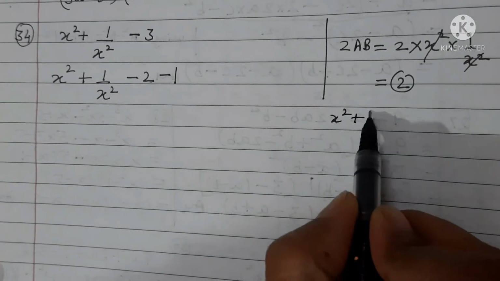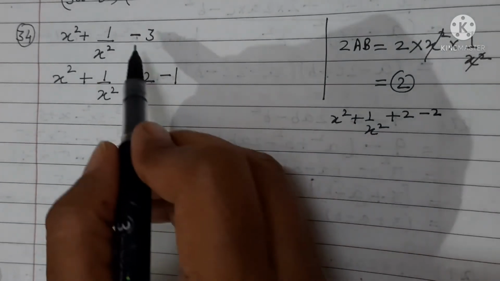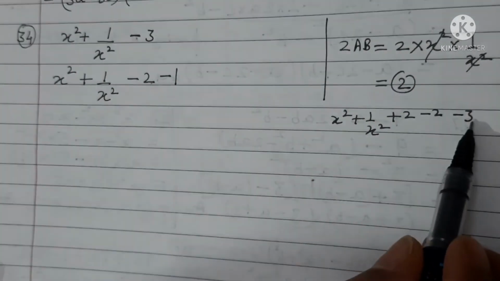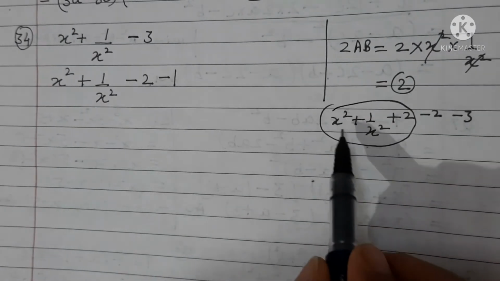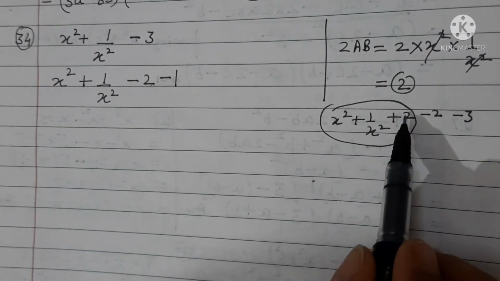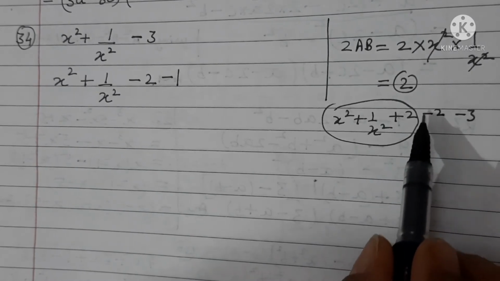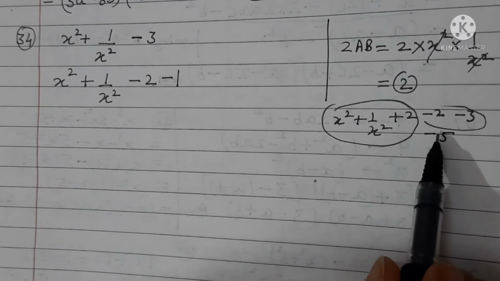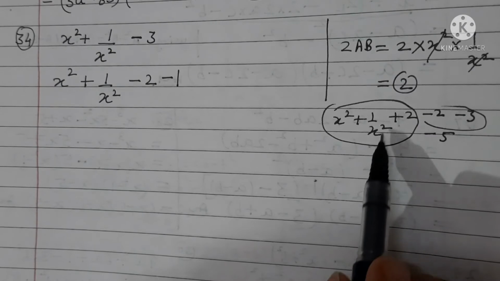x square plus 1 upon x square plus 2 and minus 2, and minus 3 is also present in the question. So if you make it x plus 1 upon x whole square, these two terms will be minus 5, and this is not in the form of a square, so it is not beneficial.